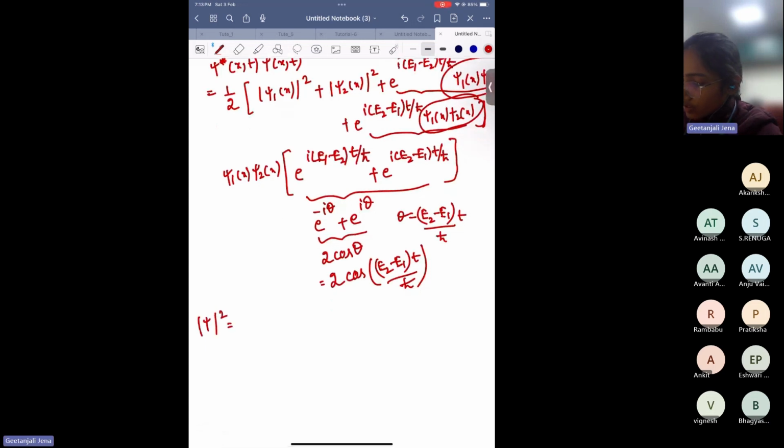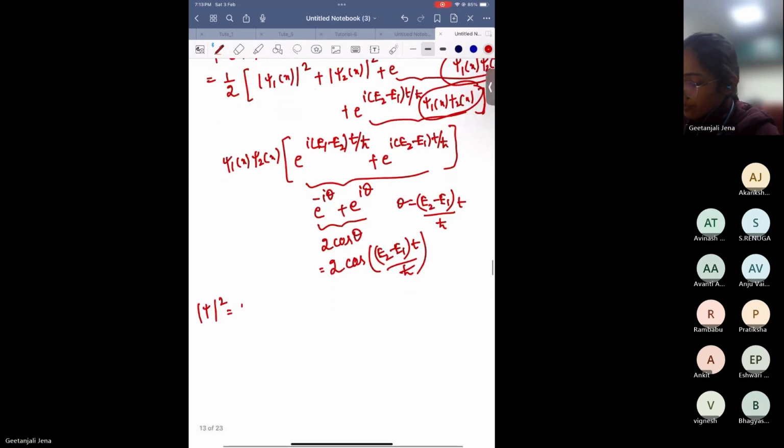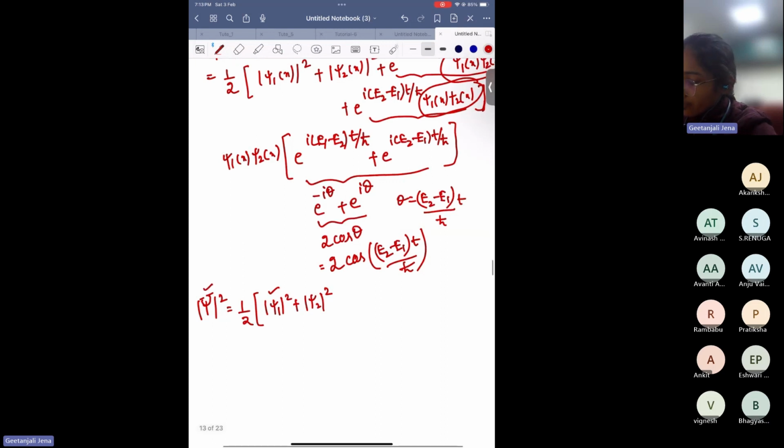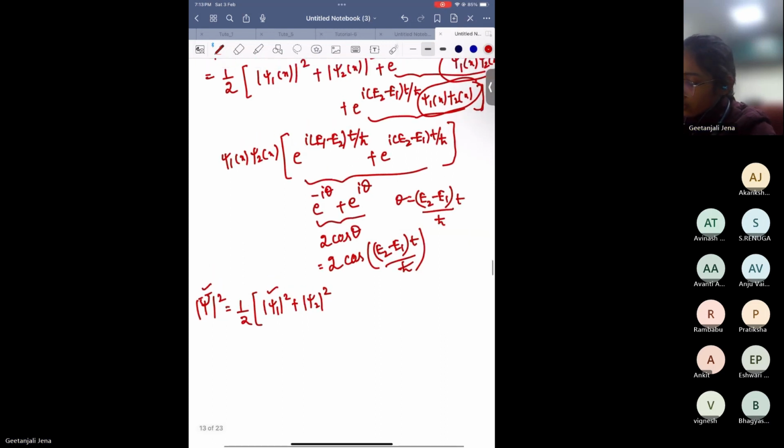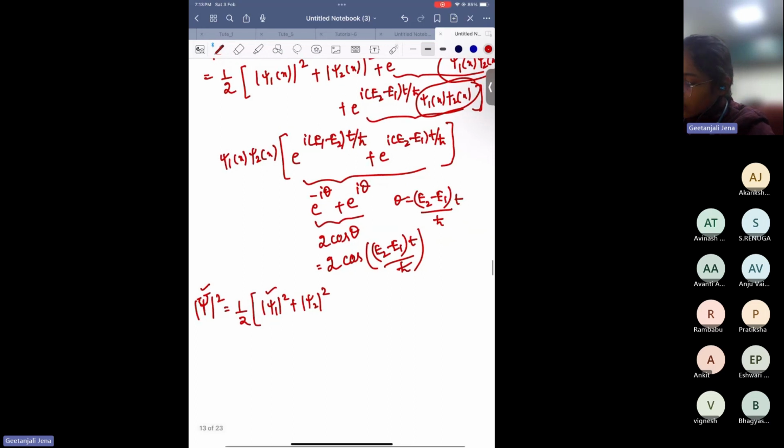Psi square will be equal to 1 by 2 [psi1 square plus psi2 square. Keep in mind these two are not the same; this state and this state are not the same. This is the other side.